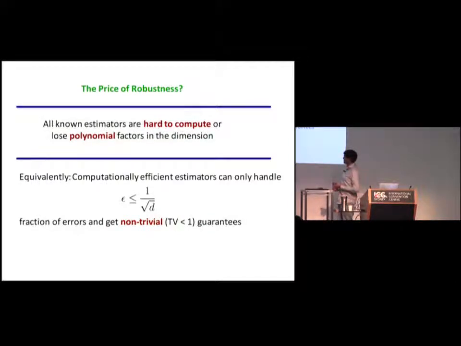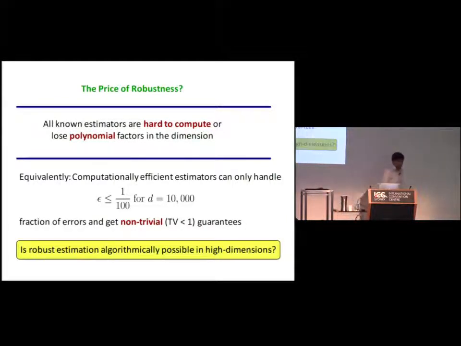So as you take d to be larger and larger, think about our microarray example with d being 10,000, you can only tolerate a really vanishing fraction of errors, even though in principle there are estimators that could tolerate much larger dimension-independent fractions of errors. We just don't necessarily know how to compute them.